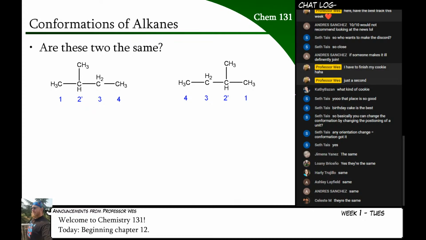So if I number these like this, you'll notice that I've put this little apostrophe thing here. The apostrophe just indicates, hey, there's a branch there. So if I can force the branch to be on carbon number 2, in both cases, they must be the same molecule. And they are. They're both pentanes with the CH3 branching off position 2. How about these 2?